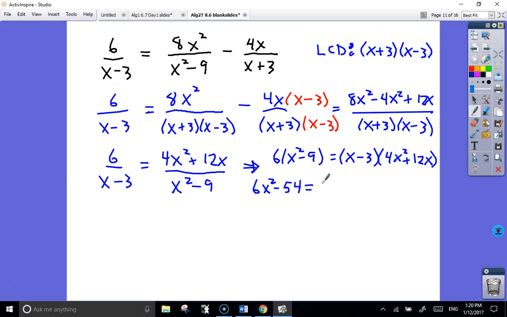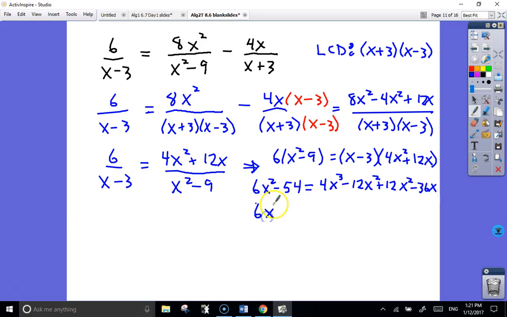That's going to be 4x to the third, let's see, minus 12x squared minus 36x. No, I'm missing something. 4x squared minus 12x plus 12x squared minus 36x. Okay. Which I can simplify.